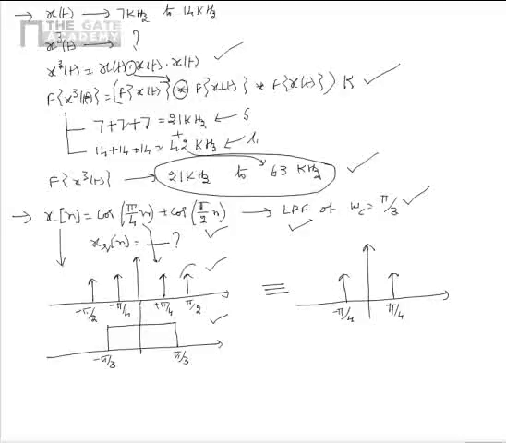This is because the impulses at pi by 2 and minus pi by 2 get cancelled. So from this we can see that the resultant signal xr of n is equal to cos of pi by 4 n. So from this we see that if the given signal is passed through a low pass filter, the resultant signal that we get is cos of pi by 4 n.